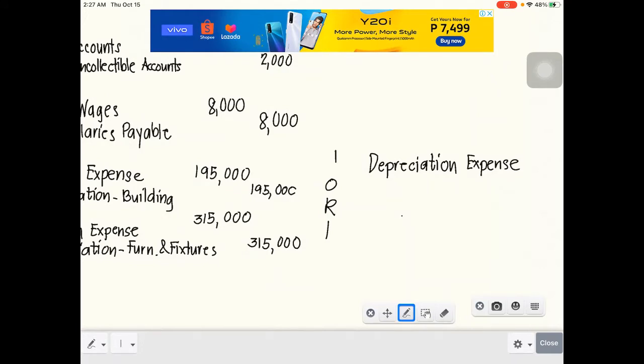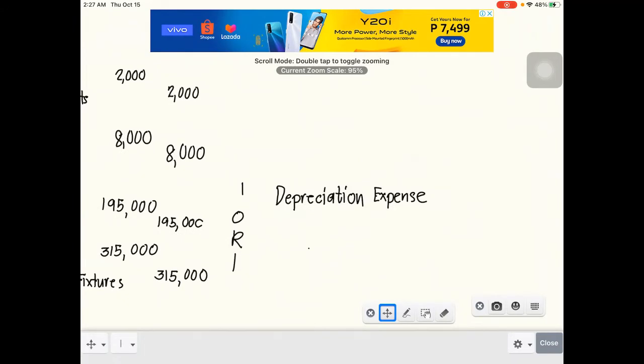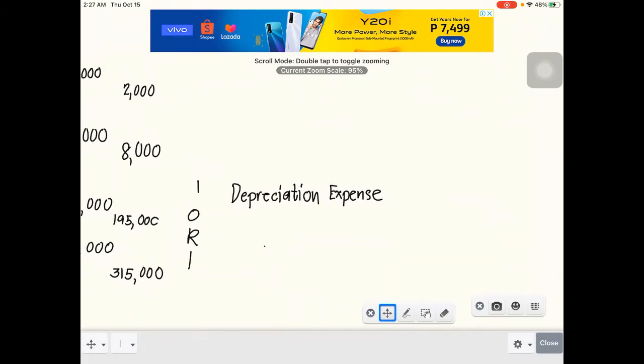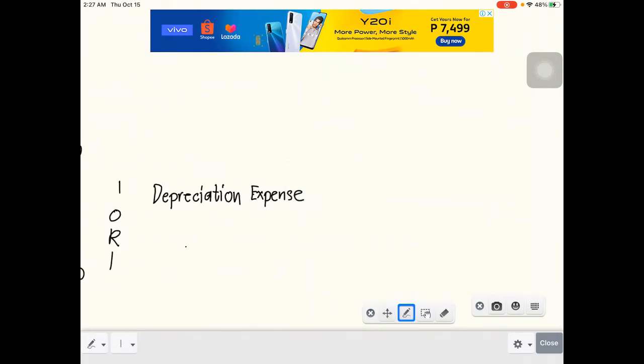So 315 plus 195, that is 510. Well, credit is accumulated depreciation.